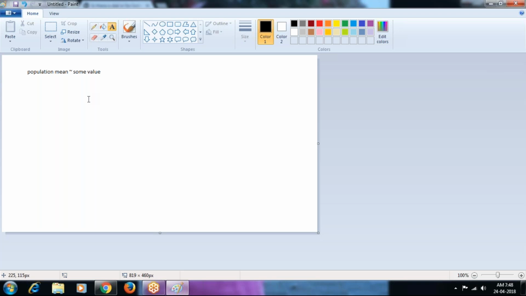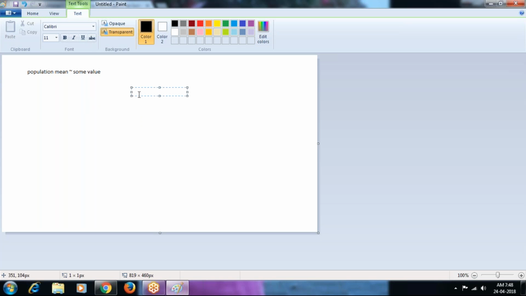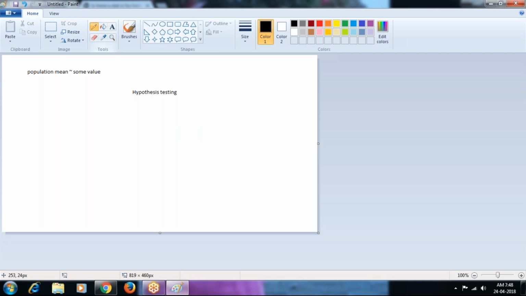Yes. So there are different types, right? When we go to hypothesis testing, we can have application on any sort of problem. So how can I segregate these problems?